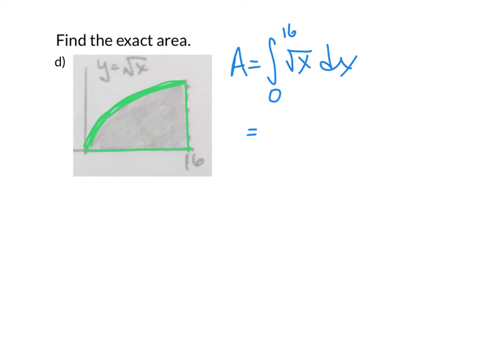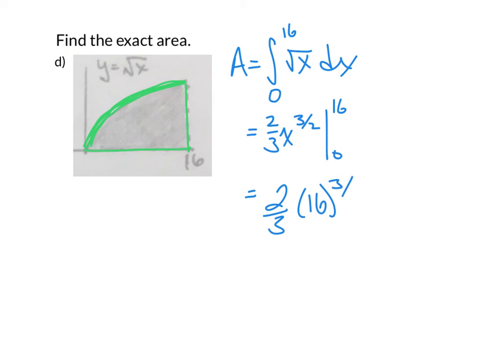So we increase the power from 1/2 to 3/2, and then divide the coefficient by that 3/2, so we'll end up with 2/3, and evaluate this from 0 to 16. So 2/3 times 16 to the 3/2 minus 2/3 times 0 to the 3/2.